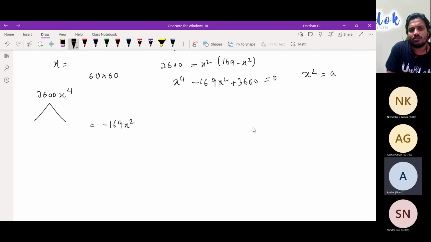If I do 60 into 60 also, if I add it, I am simply reaching somewhere like 120, I can't even reach 169, right? So I have to raise the number. So if I do it 100, so what is the answer? 100 and 36. So I is slightly nearby, right? 100 plus 36 is 136.